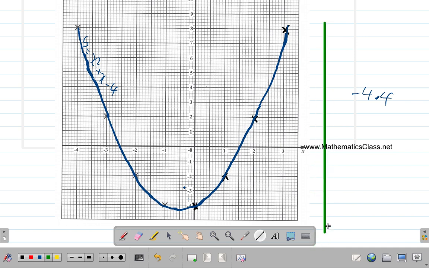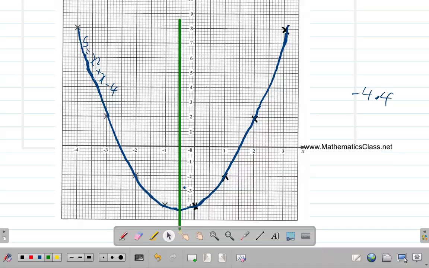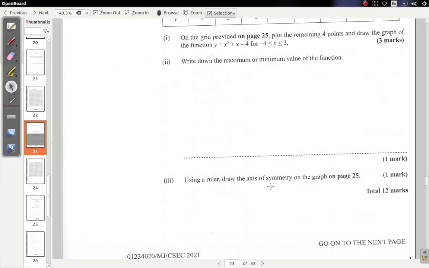So the axis of symmetry would be a line where you could fold the graph over the line and have the left and the right look the same. So the axis of symmetry would come down through the middle of the graph. Alright? That's the axis of symmetry. Using a ruler, draw it, and then it's done.